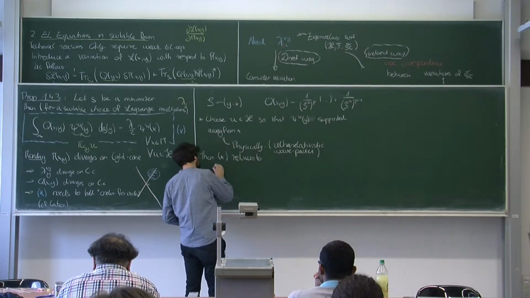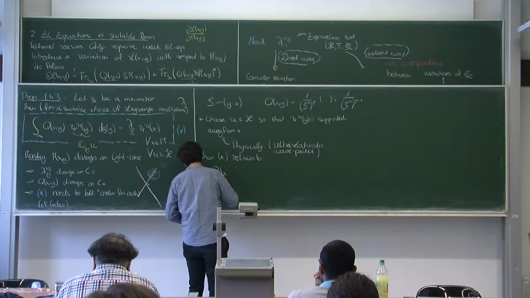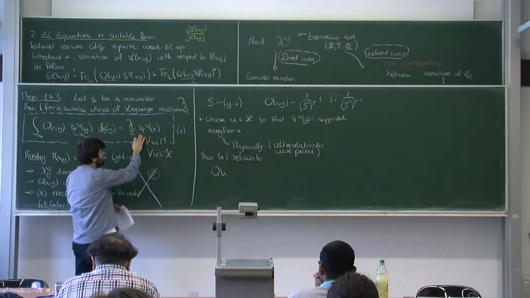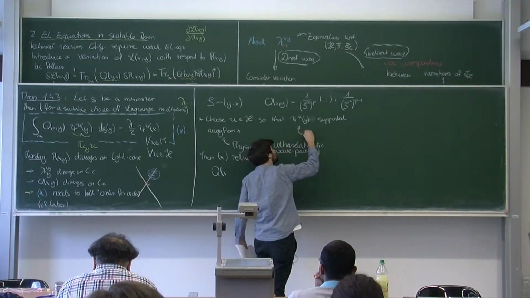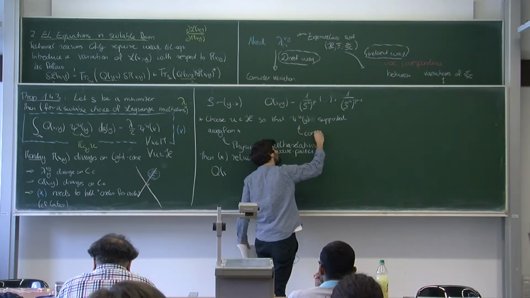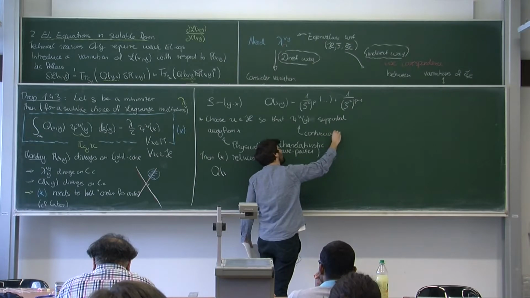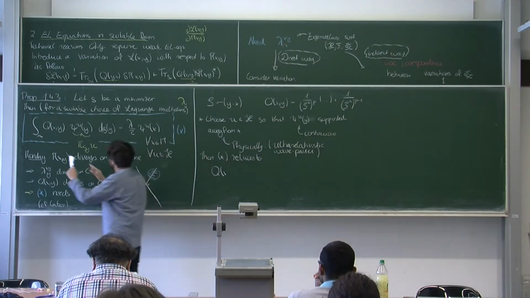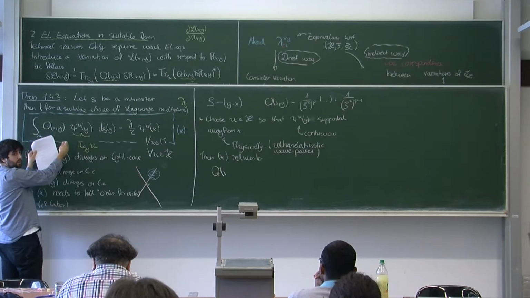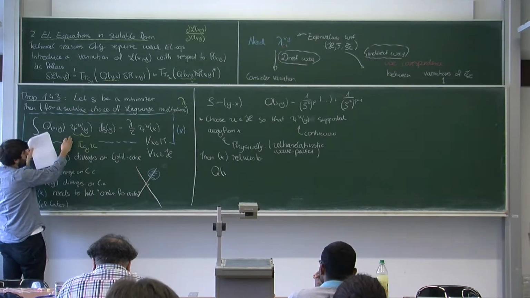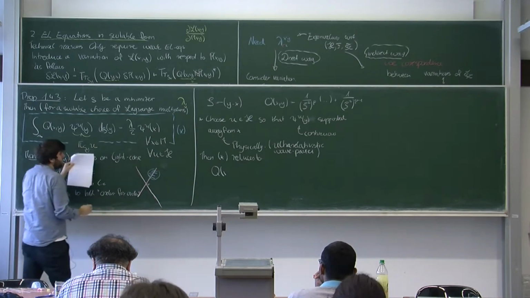The right-hand side, we have seen this. This is continuous. It's always continuous. So if the left-hand side diverges, and I'm checking order for order, as long as I'm working with the divergent parts, I can set the right-hand side to 0.